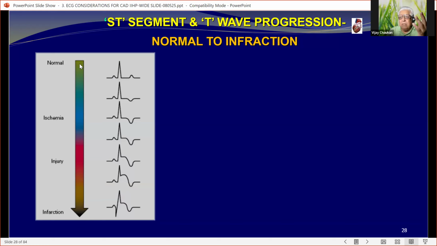Normal function of the heart is electrically represented by the PQRS complex, and when there is organ damage, you can see the electrical activity and how it is taking place. Please recall once again, this is the normal PQRS complex, and here is ischemia. This particular zone shows ischemia.